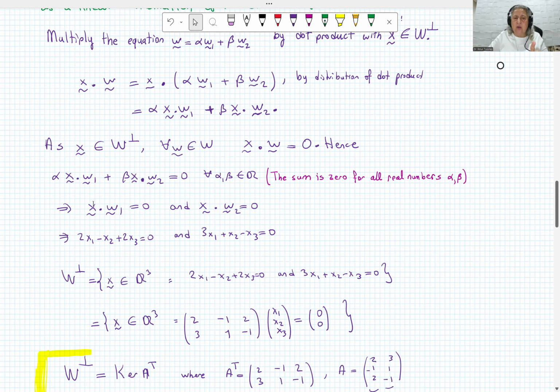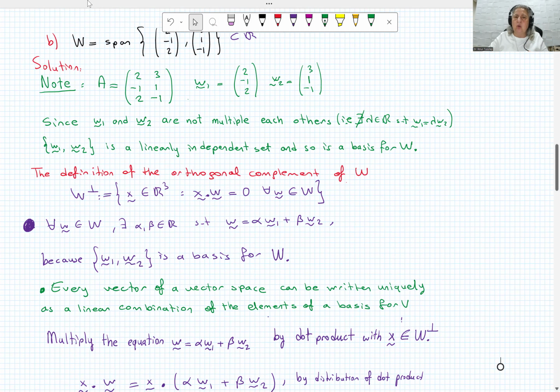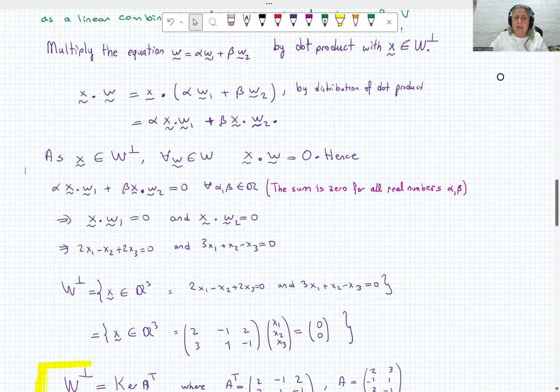This product is 0. It means that w1, the vector, is (2, -1, 2), and w2 is (3, 1, -1). W1 dot x is 2x1 minus x2 plus 2x3, equal to 0. That is the x dot w1.